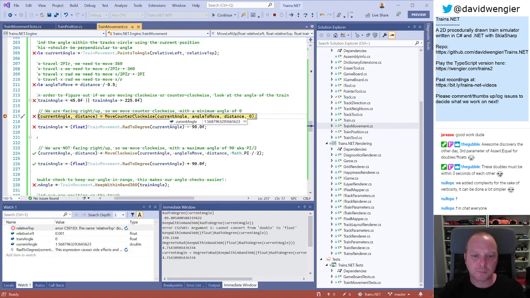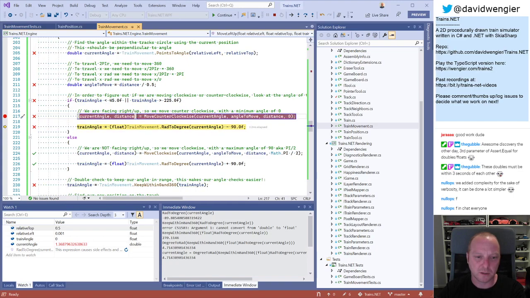Okay. So 1.56. We're going to move 0.2. Distance is 0.1. So from 1.56, we end up at 1.36. That's exactly what we had last time. Ooh, train angles completely different.